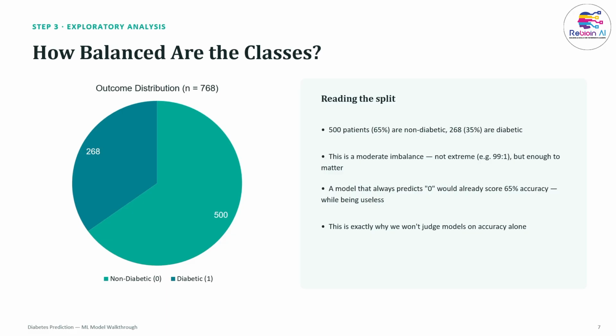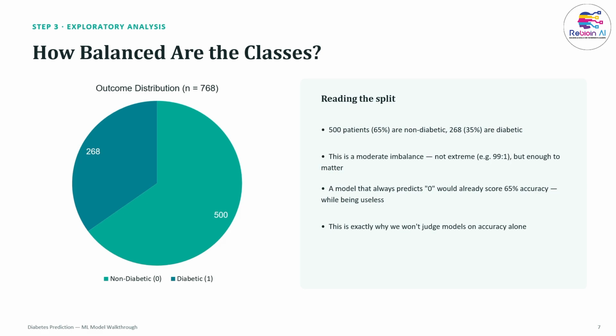Here's why. A lazy model that just predicts non-diabetic for every single patient would already score 65% accuracy while being completely useless in practice. That's the exact reason we won't be judging our models on accuracy alone later in this session.